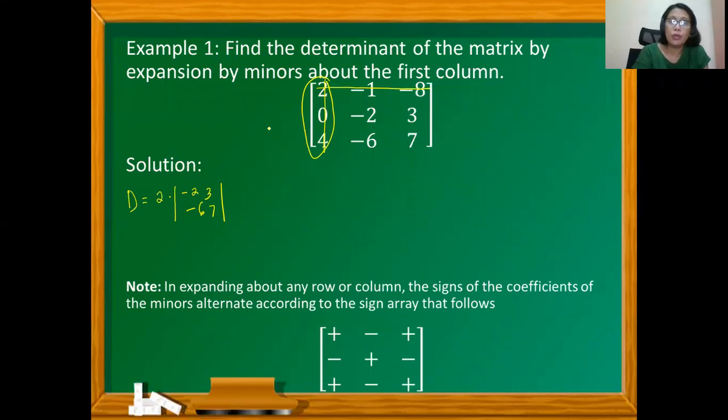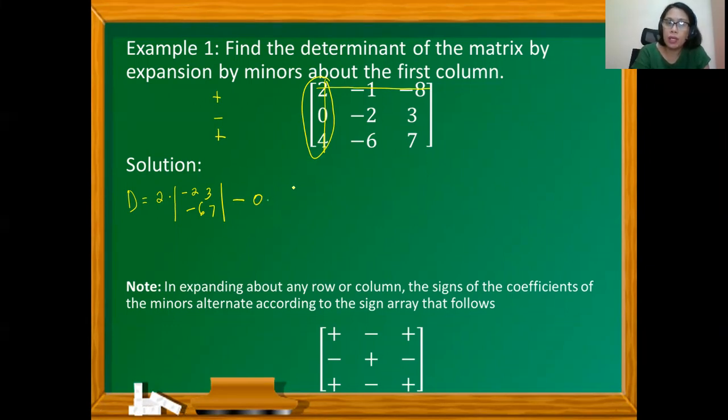And then take note that the sign that we're going to consider is plus, minus, plus. So the second term would be a minus sign followed by the second element, a sub 2, which is 0. Although we know that any expression multiplied by 0 is 0, let's just write this as is for us to see how we substituted each value in the formula.